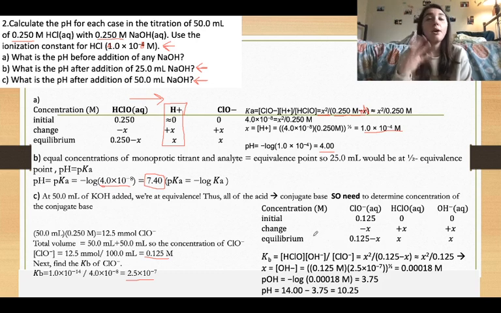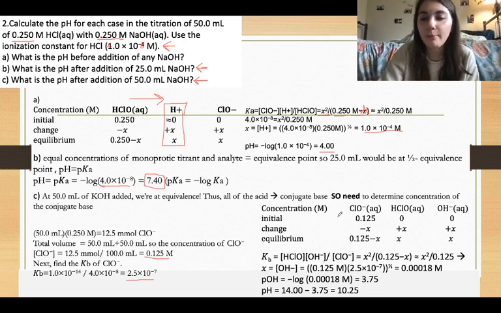Again, we're finding Kb. Always remember with Kb, you have OH minus in the numerator multiplied by your conjugate acid. That's important to note because a lot of people do put H plus in there by mistake. So know the difference between Ka being an acid and therefore H plus being in the numerator, versus Kb where OH minus will be in the numerator. All right, so I put my molarity in here.